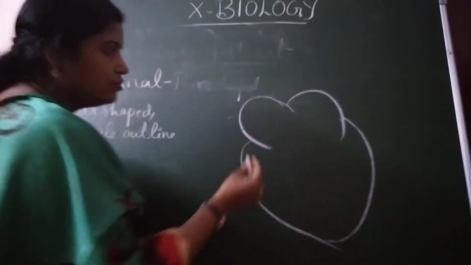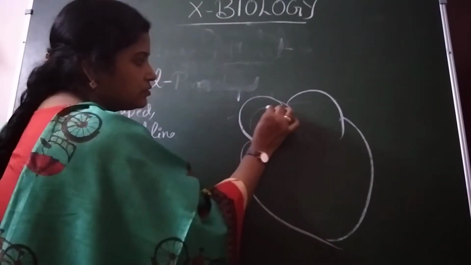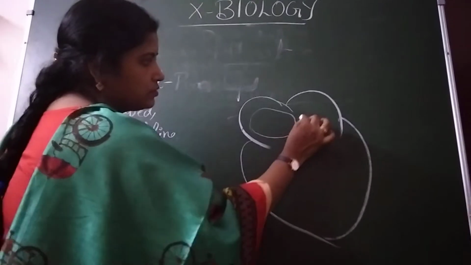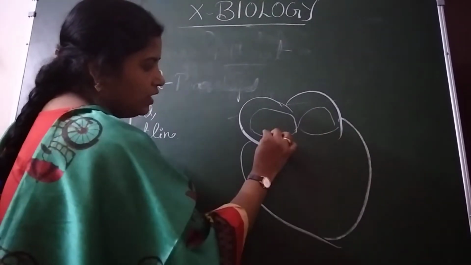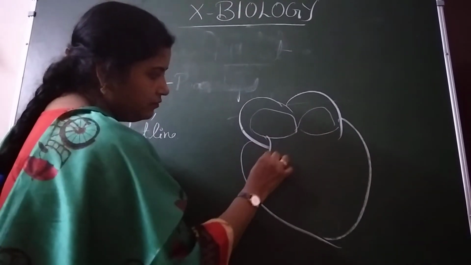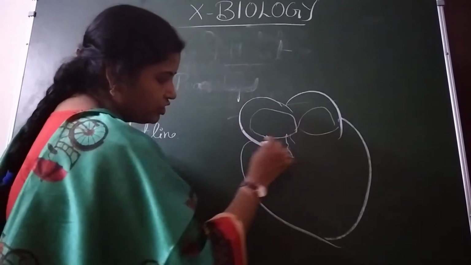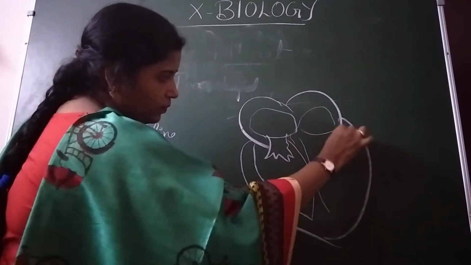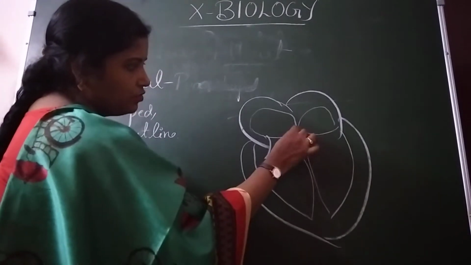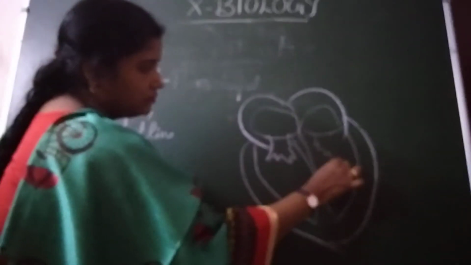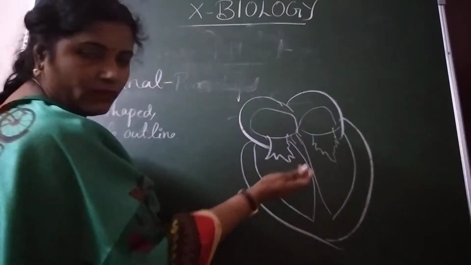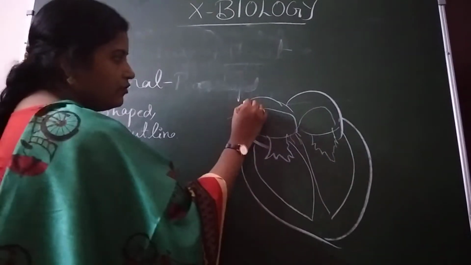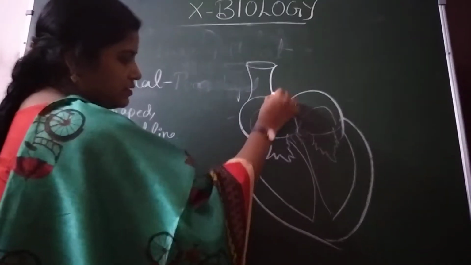And here we have two chambers. Upper we have two chambers and down also we have two chambers. So upper chambers and lower chambers. Now we'll draw the blood vessels.